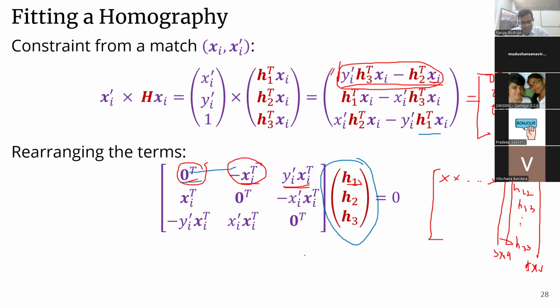So in reality, forgetting about all these things, what you have is some matrix multiplying another vector, and it turns out to be a set of zeros.